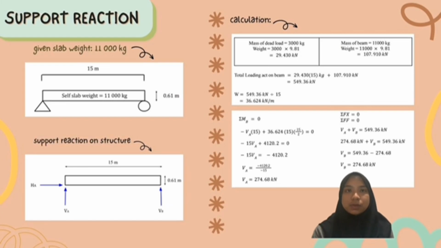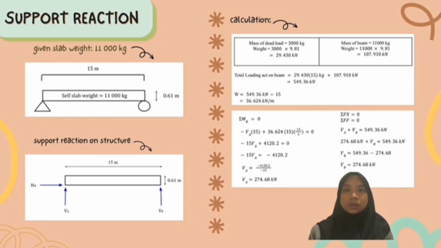The mass of dead load is 3000 kg, so the weight is 29.430 kN, and the mass of the beam is 11000 kg, and the weight is 107.910 kN. So the total loading acting on the beam is 549.36 kN. So the weight of the loading acting on the beam is 36.624 kN per meter.